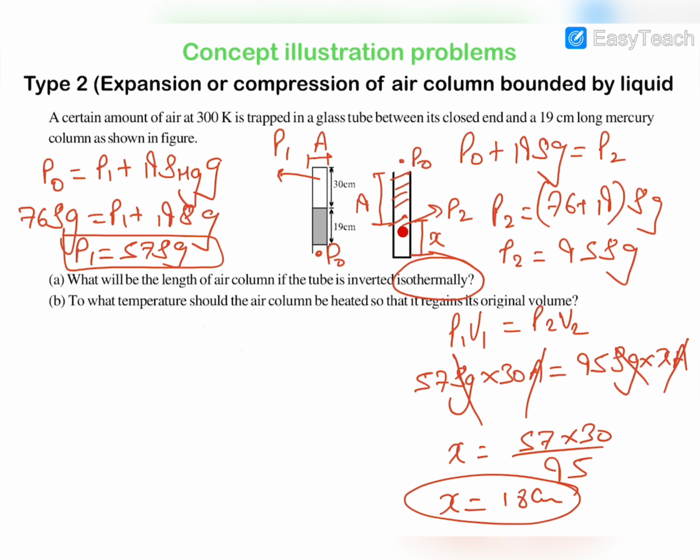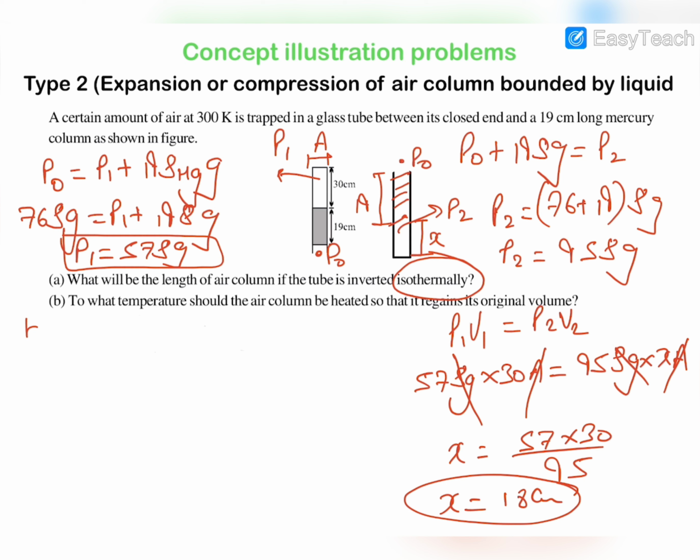In this complete process of expansion, the pressure above the mercury will be the atmospheric pressure, which is constant, and the length of the mercury column is also constant. So the pressure at the lower point of the mercury will be constant, and therefore the pressure of the gas will be constant. So this will be an isobaric expansion.